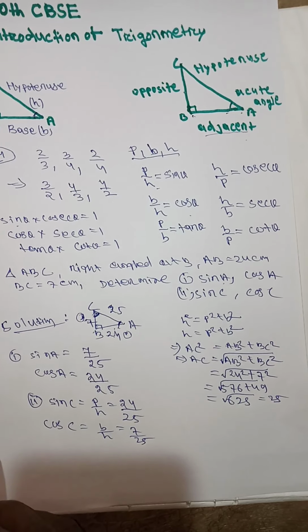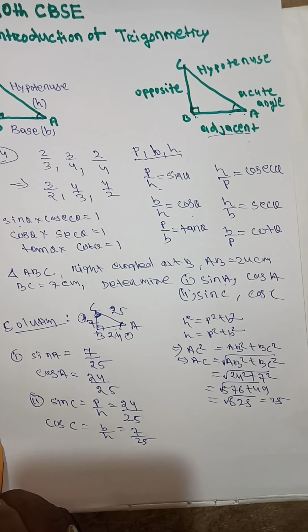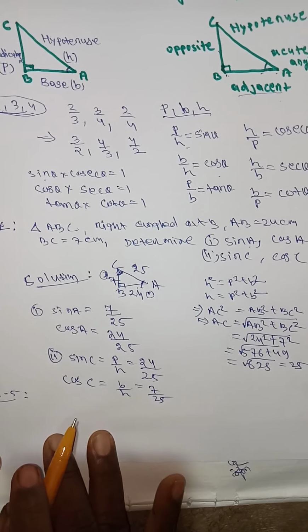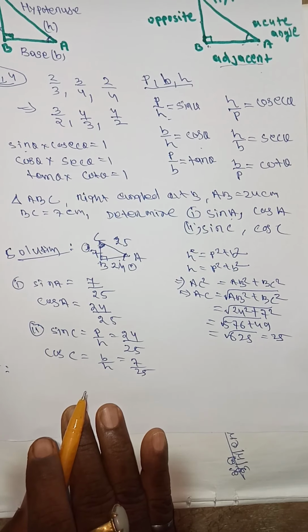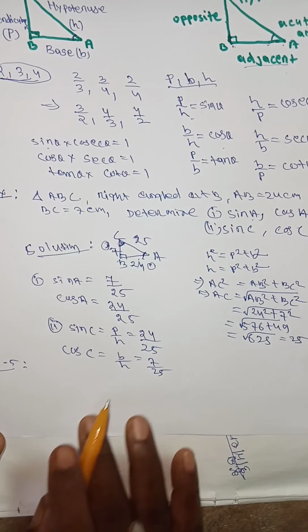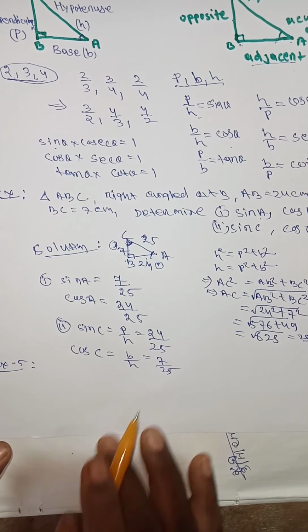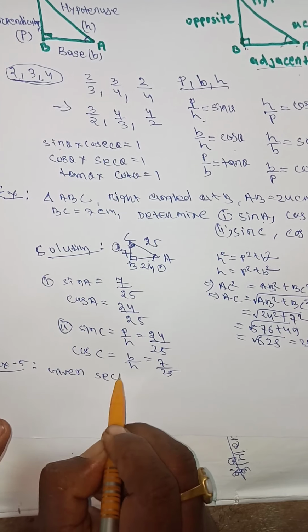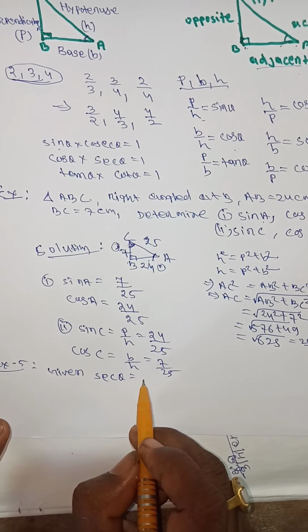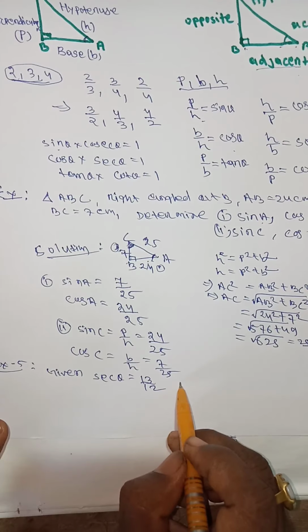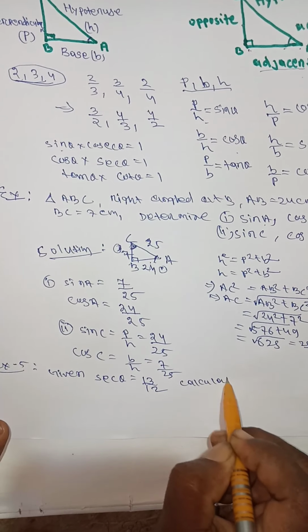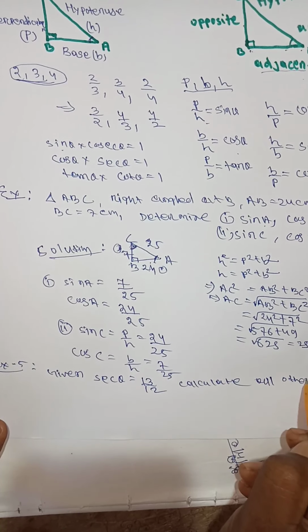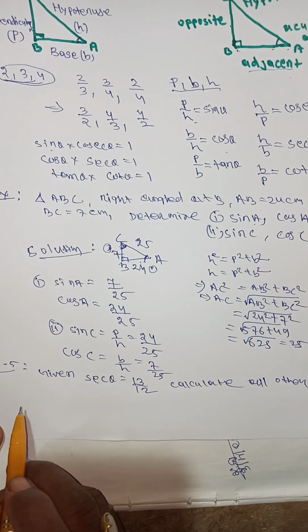Another question. Example 5. Given sec theta equal to 13 by 12, then calculate all other trigonometric ratios.